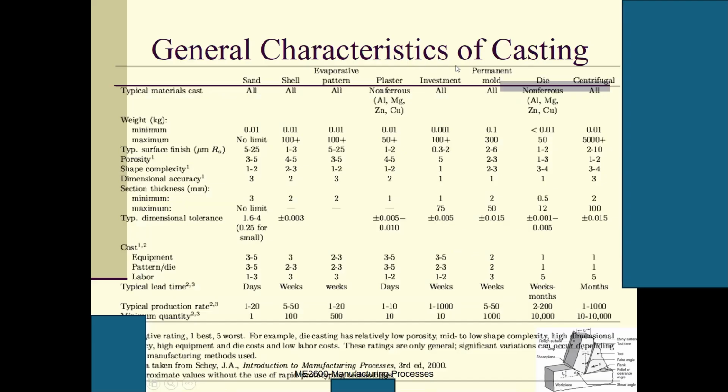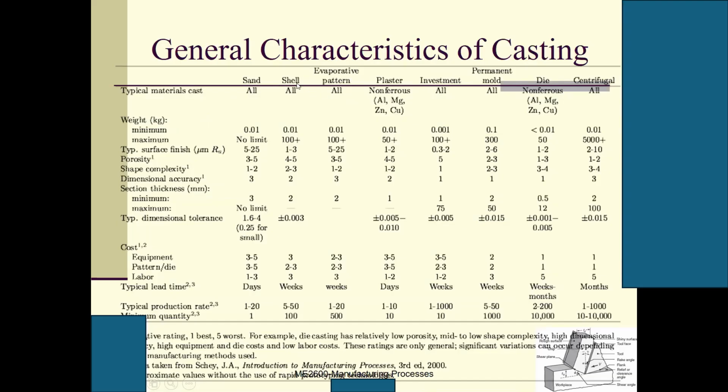The general characteristics of casting. For casting, the typical processes are sand, shell, evaporative pattern, plaster mold, investment, permanent mold, die, and centrifugal. You need to look at your textbook for these.